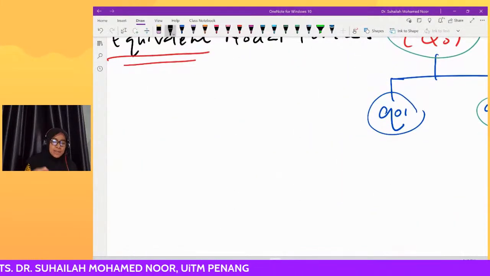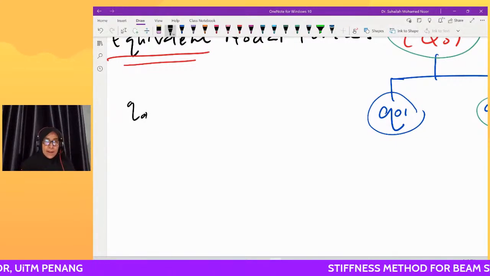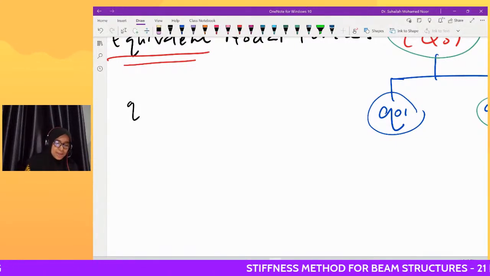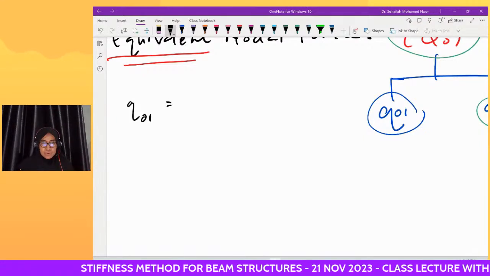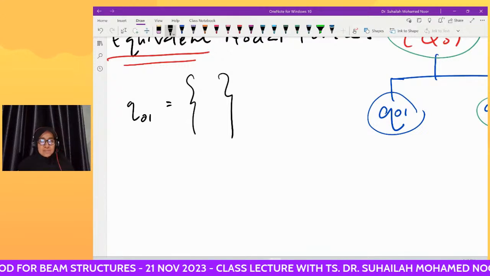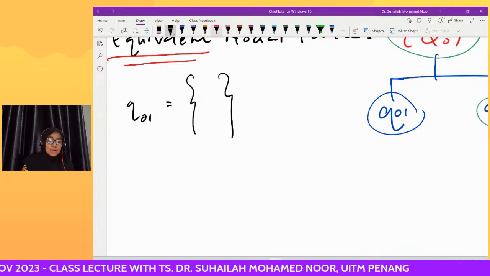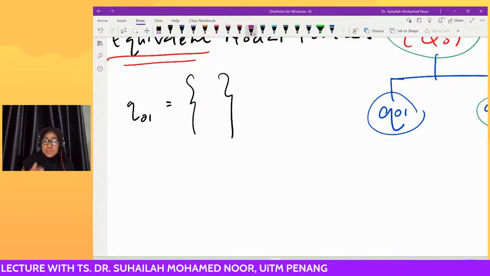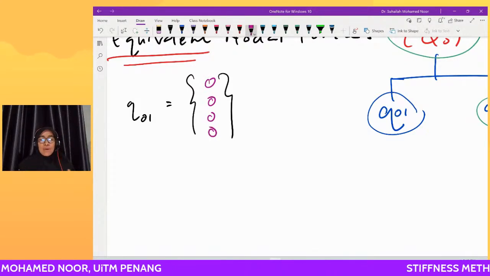So for element number 1, it is Q naught for element 1, and since the value is all 0, we just need to put 0, 0, 0, 0. Why four values?